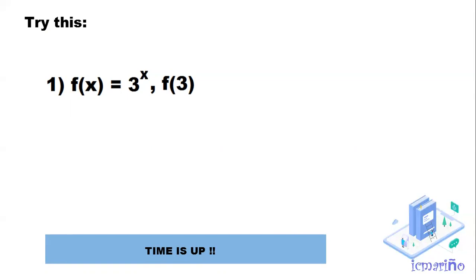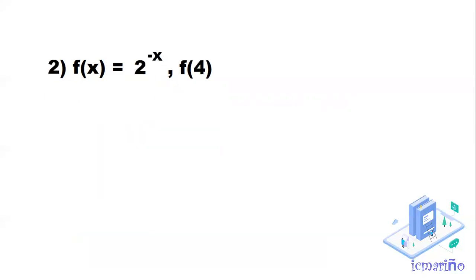Let us see. F of 3 is equal to 3 raised to the third power, which is equal to 27. Did you get it right? Very good. So that is very easy. Easy round.